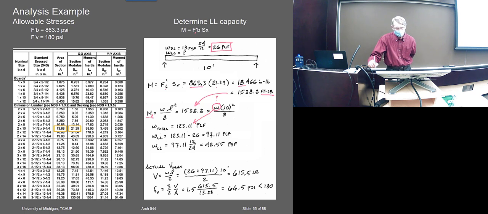The total is 123 PLF apparently, and then I'm going to subtract off the 26, which I've already got in dead load. So what that leaves me is 97 PLF.